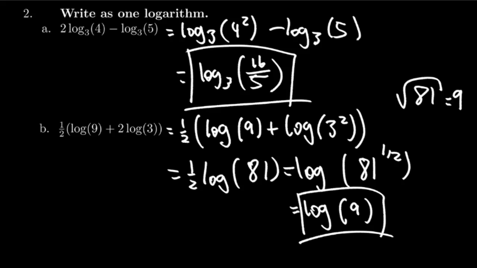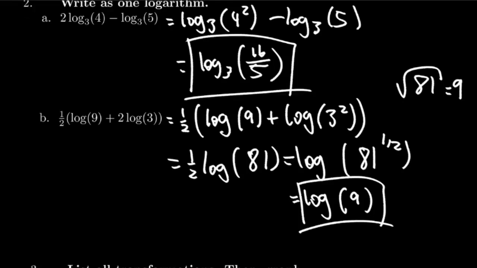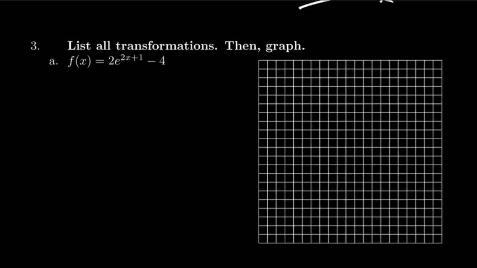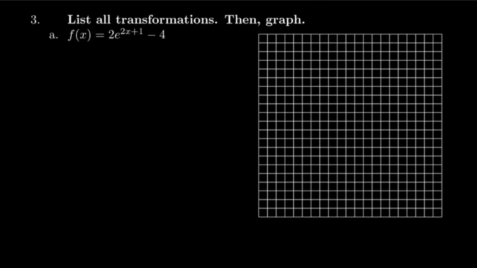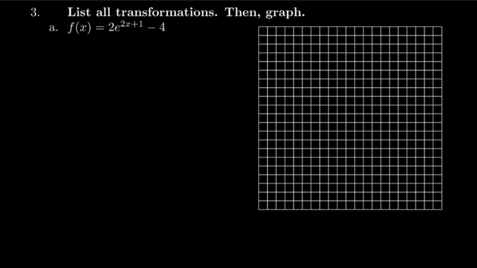Okay, so now let's go into the last little thing of practice problems. Graphing, yay. So list all transformations and then graph. So instead of just straight up graphing, I thought it would be better to graph these, just because this is the thing that people tend to need the most help on.